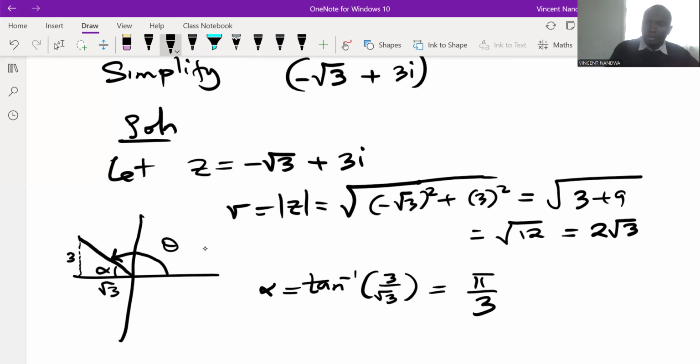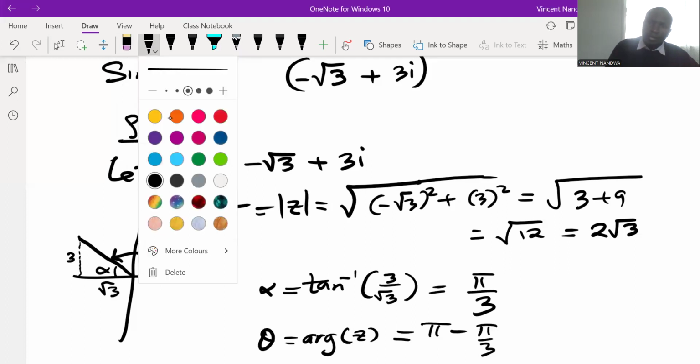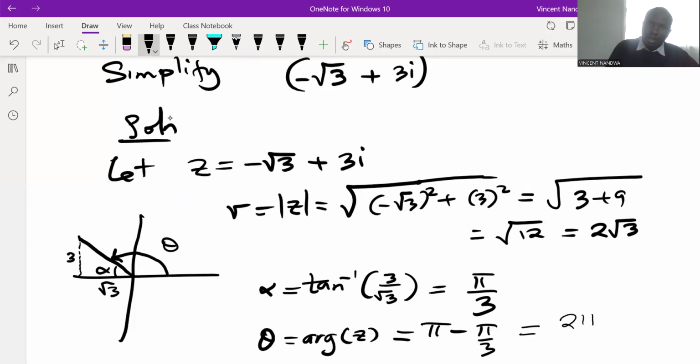So if alpha is pi over 3, then theta, which is the argument, will be pi minus pi over 3, because the whole of this angle is 180 degrees. So this will give me 2 pi over 3.